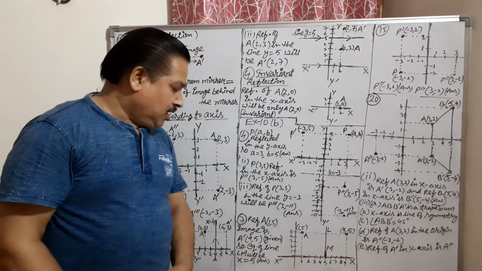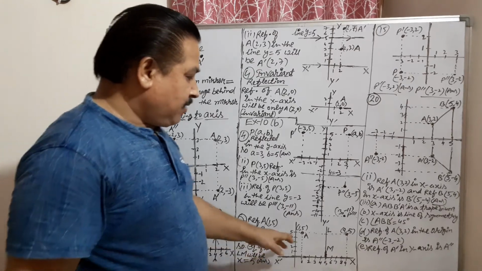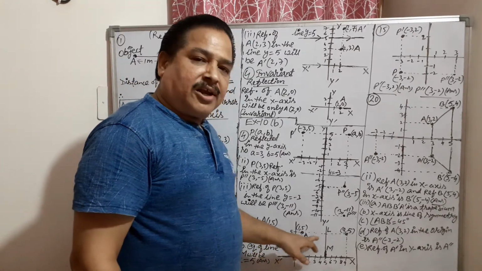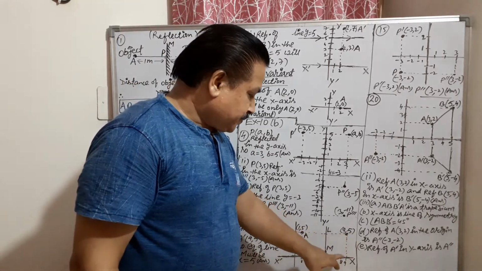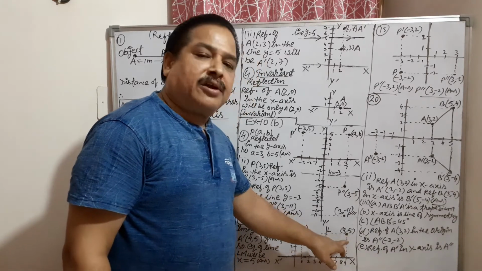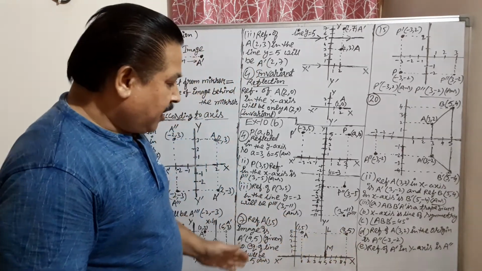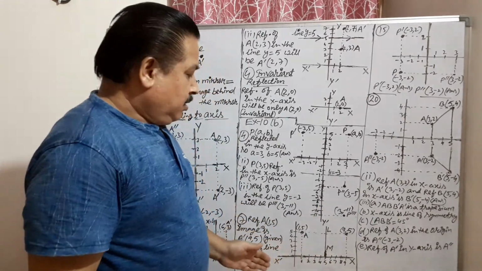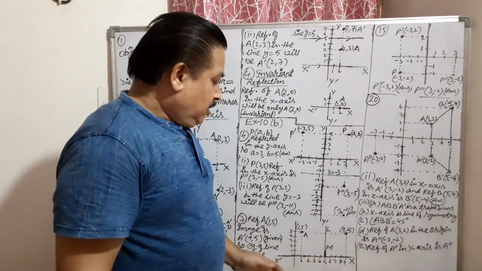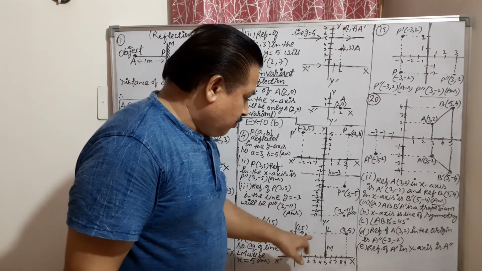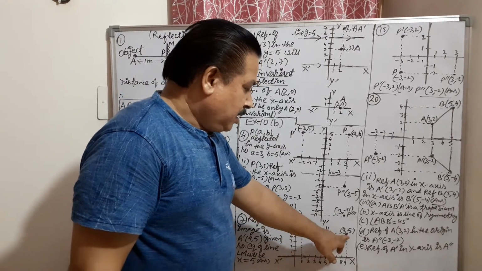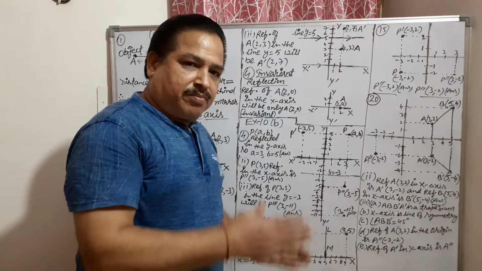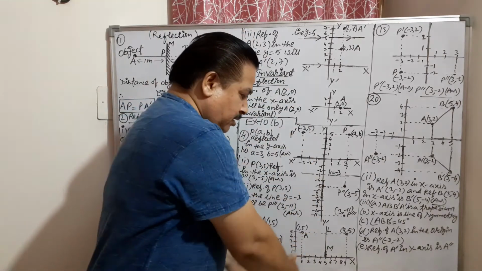Now come to question number 7. In question number 7, object coordinates are given and image coordinates are also given. Now they are asking what is the mediator line equation. Mediator line means mirror line. So check the distance between these two, object and image, and take just the middle of these 2 points.